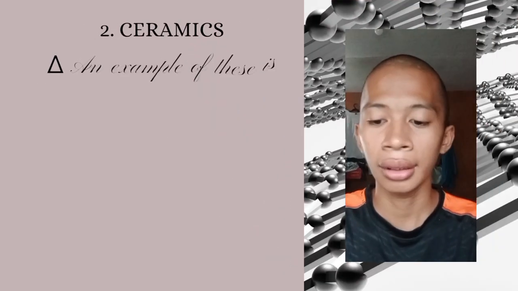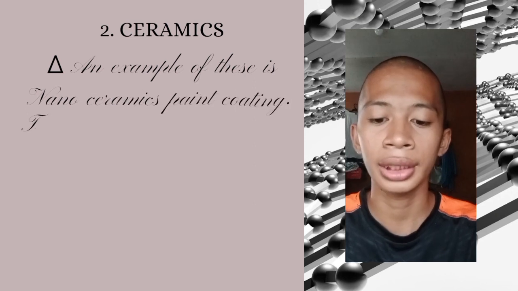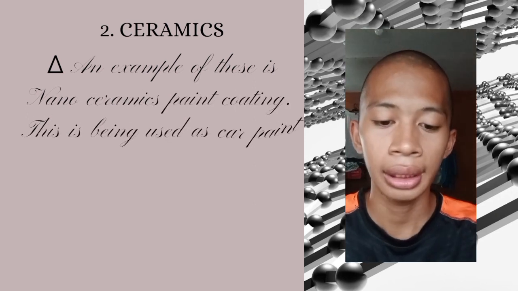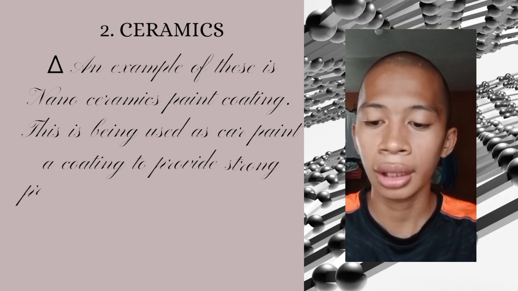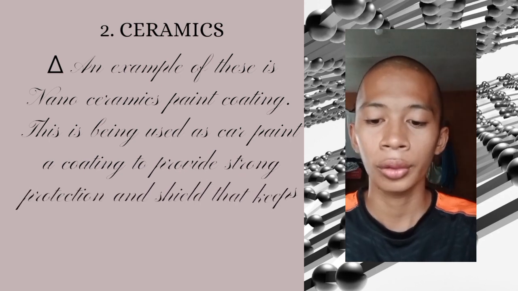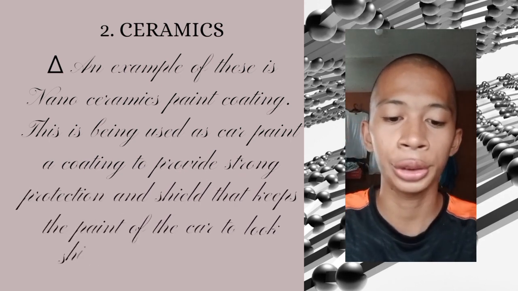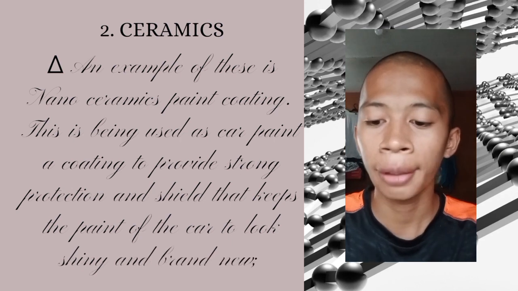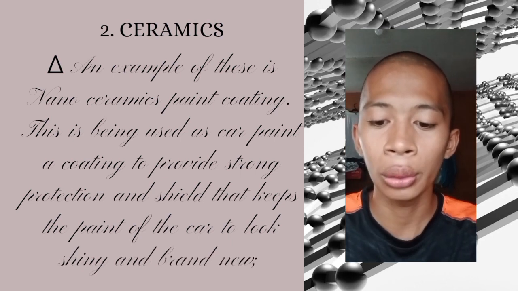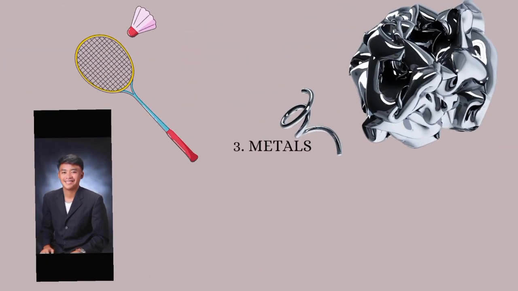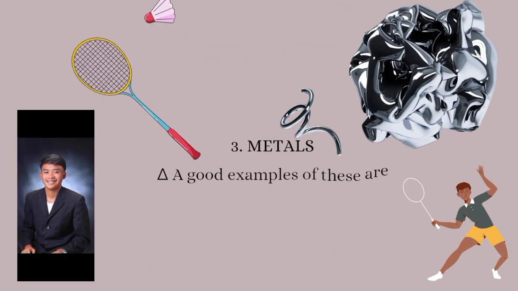And next is ceramic. An example is nano-ceramic paint coating. It is used as a car paint and coating to provide strong protection and a shield that keeps the paint of the car looking shiny and brand new. Metals.